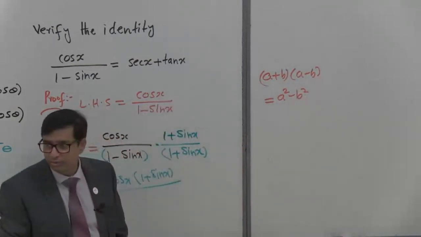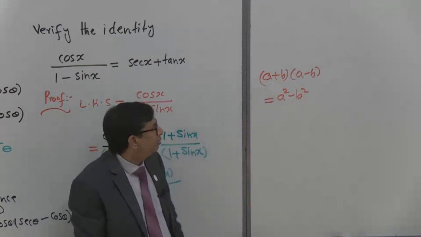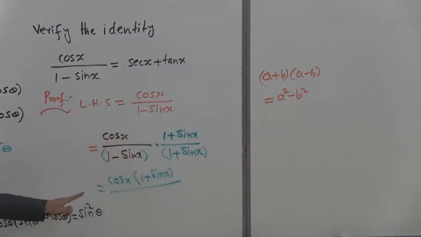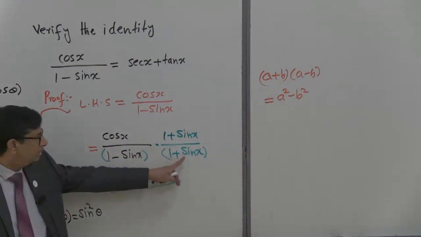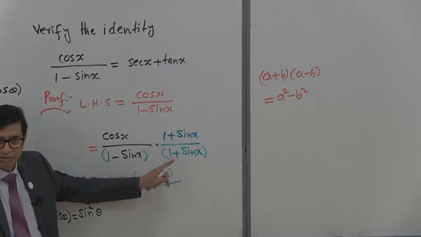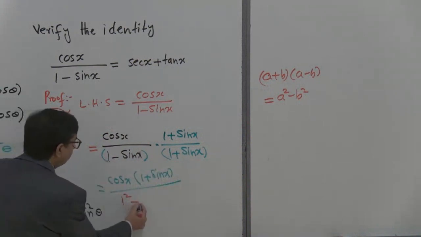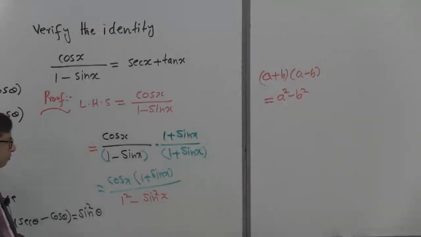Difference of squares formula. If two factors are given, we can combine it as a squared minus b squared. So this formula we can apply over here. You can see 1 minus sine x, 1 plus sine x. So if we apply, this becomes 1 squared minus sine squared x.